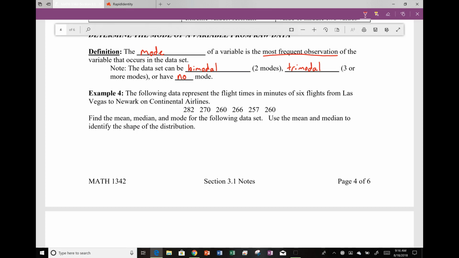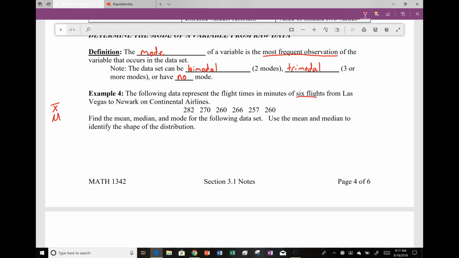Remember that for mean, we have two different symbols. We have x bar or we have mu. X bar represents the sample mean. Mu is the population mean. So the first thing that we need to do is determine, is this a sample or is this a population? Let's look at the data and think about this.